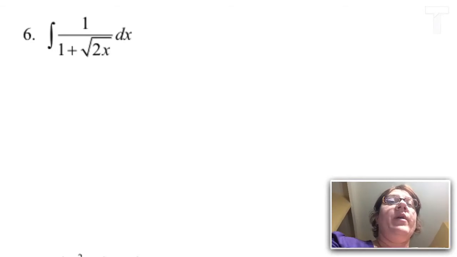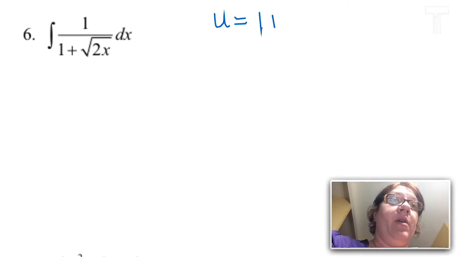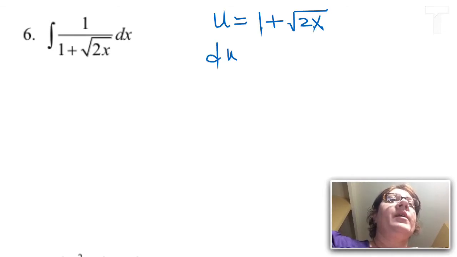And how about we let the whole denominator be u, because if I'm going to have a denominator, I'd like to just have a u in it. So now when I take the derivative, of course I have to power that down. So it'll be a 1/2, and then power down to a negative 1/2.